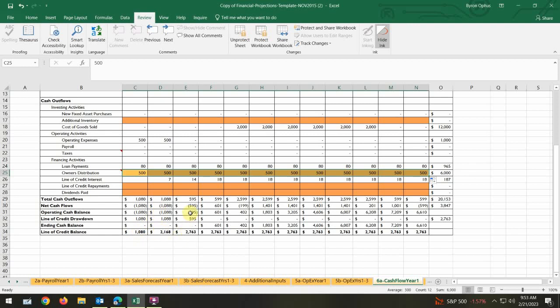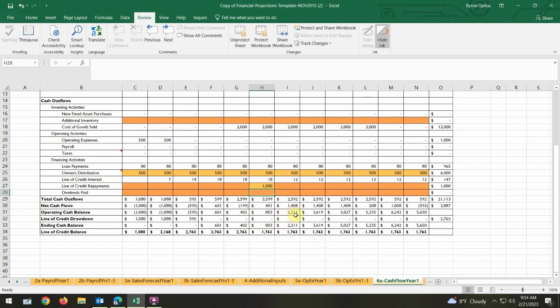I'm finally a little bit positive here, but not enough to pay back. I'm starting to accumulate a little bit of cash, and I don't want this interest accruing much anymore, so I might try to pay this down. I've got $1,800 in cash, so maybe I'll pay it down by $1,000. Now my cash balance is 803, and I've paid this down to 1,763.